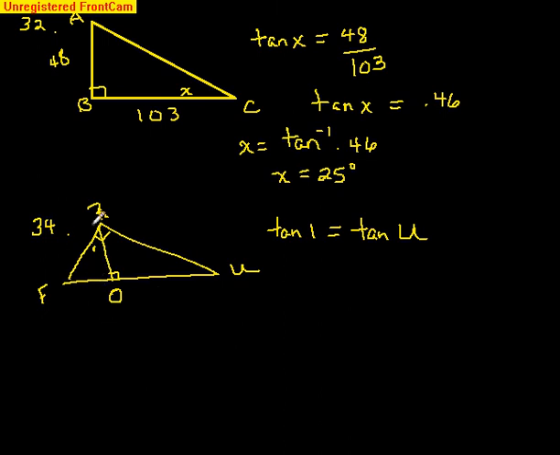Then we'd have to say that ROU and ROF are right angles. So now we have 3 right triangles. We have the little one, the bigger one, and the biggest one.